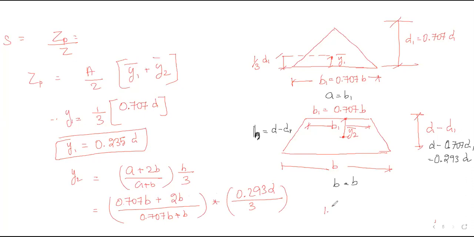The value is 1.585. Multiplied with 0.293 divided by 3, it becomes 0.977 D. Therefore, the Y2 value is 1.585 multiplied with 0.977.